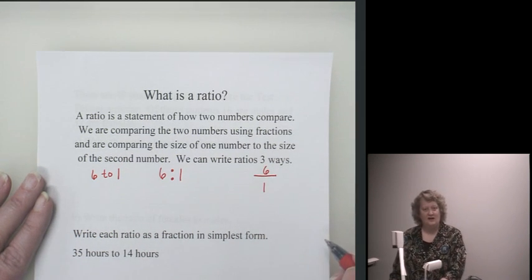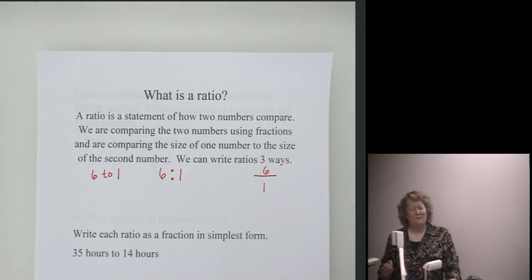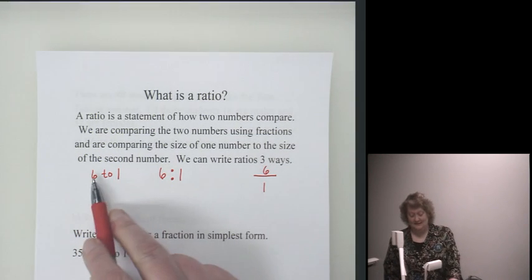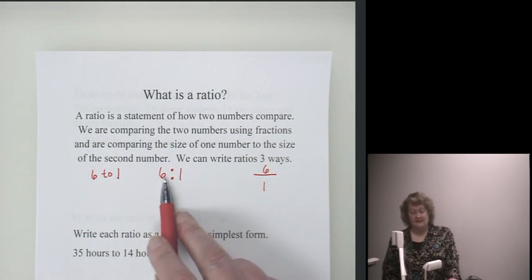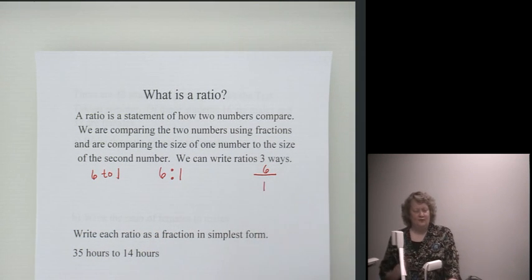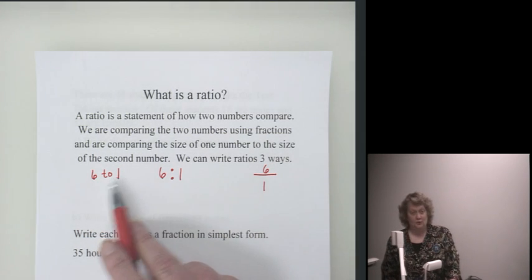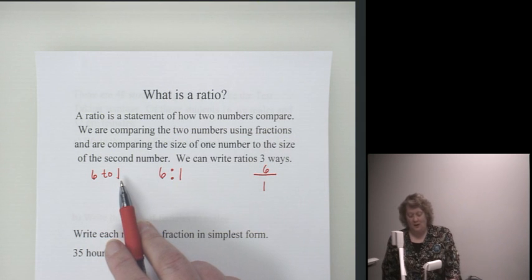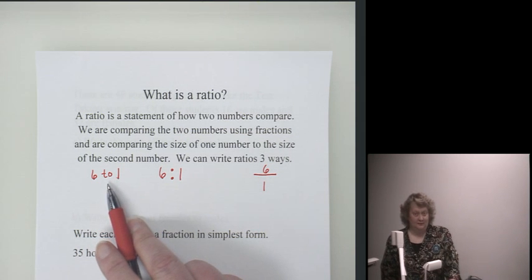We read all of them as 6 to 1, a 6 to 1 ratio. Even though they're written in different ways, we read them the same way.